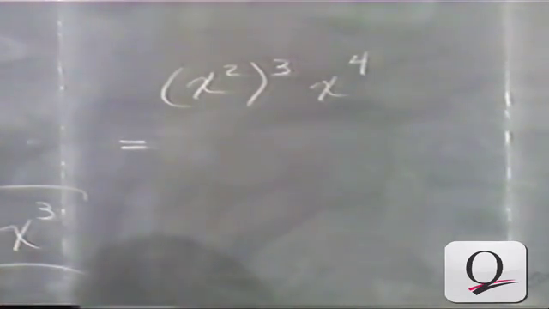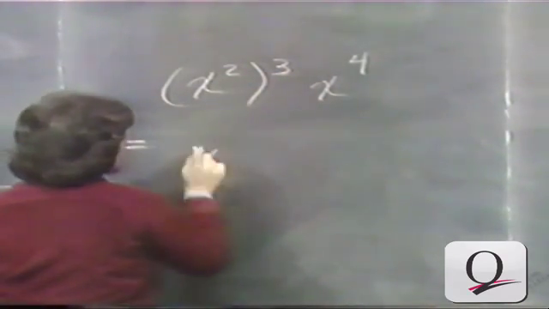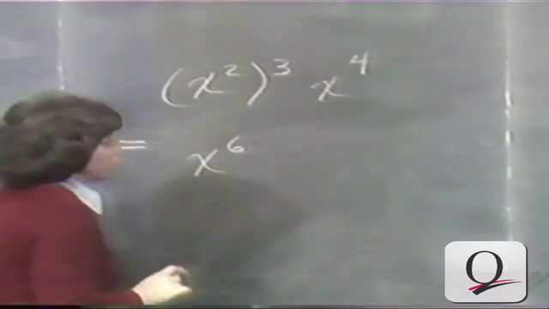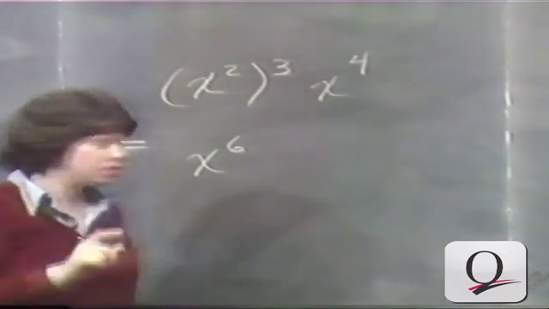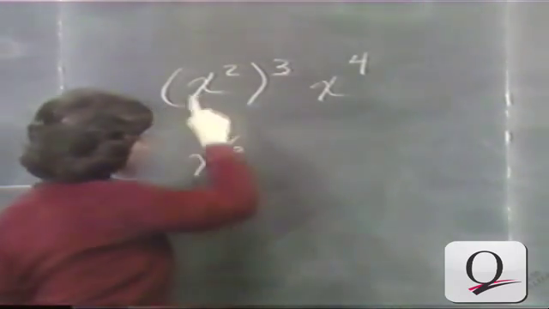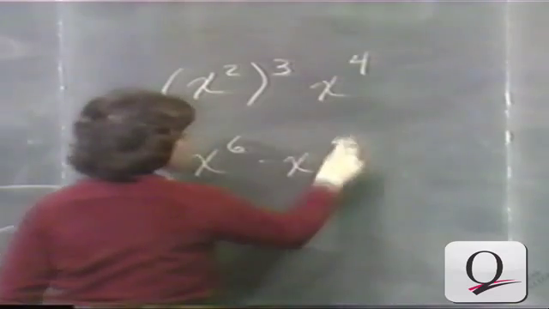Okay, now the third rule for exponents that we just worked out tells us that x squared cubed is x to the 6th power. In other words, you multiply the powers. That's not x squared times x to the 3rd. Okay, this is x squared cubed. That's x to the 6th times x to the 4th.